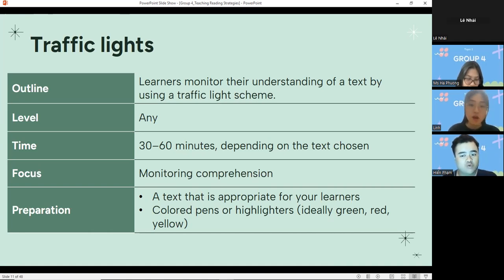It focuses on monitoring comprehension. To conduct this, we need to prepare a text that is appropriate for our learners and some color pens or highlighters, ideally in the colors of traffic lights, such as green, red, and yellow.